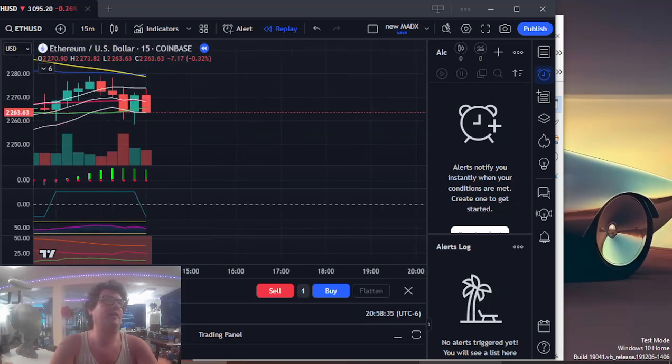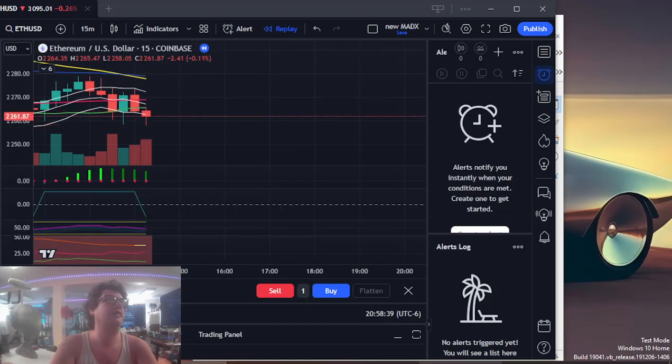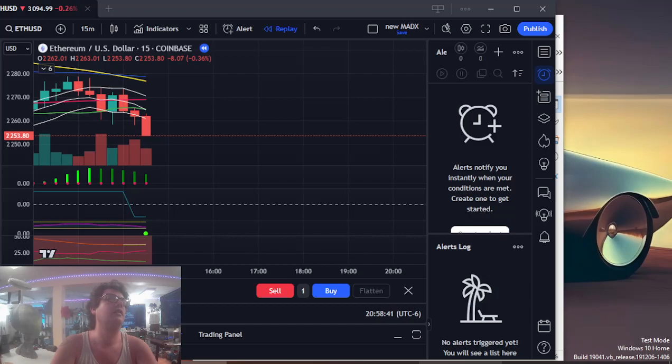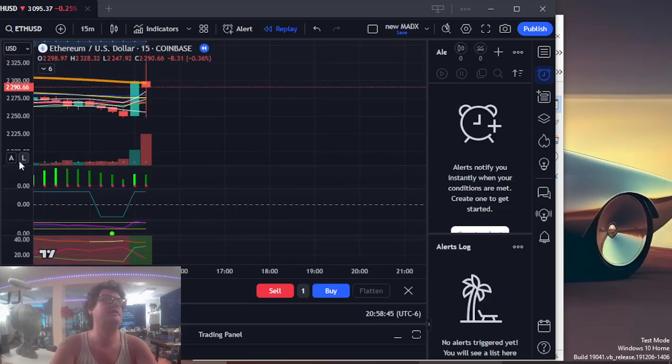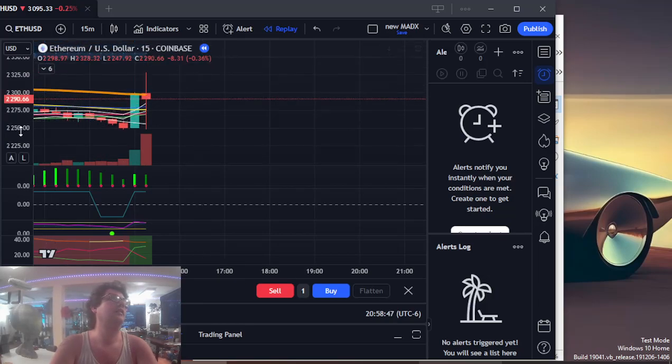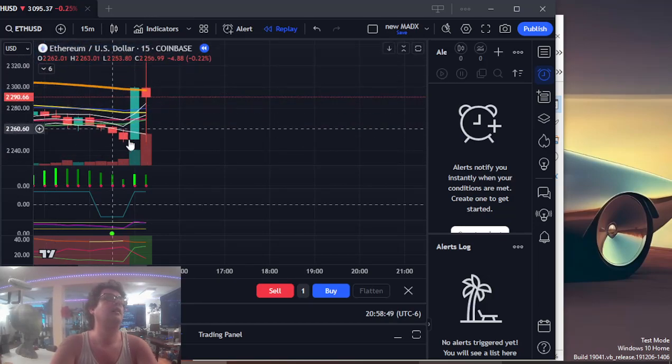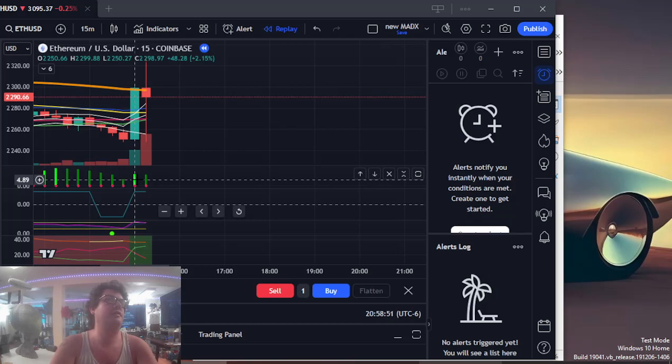It's not about what you do trade, it's about what you don't trade. Oh, shit. 1, 2, 3. 1, 2, 3.